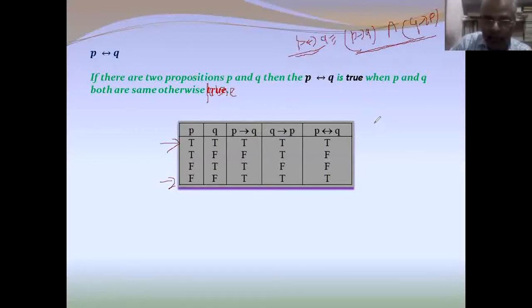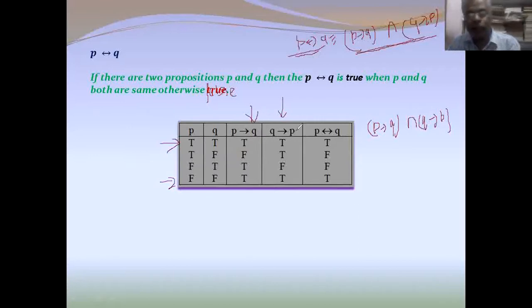If we add one more formula here, P implies Q and Q implies P, then from this truth table we have P implies Q and Q implies P, and you know by the AND connective that if both are true, then it will be true, otherwise false.